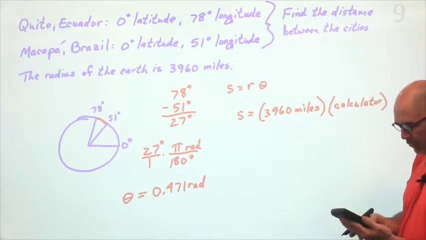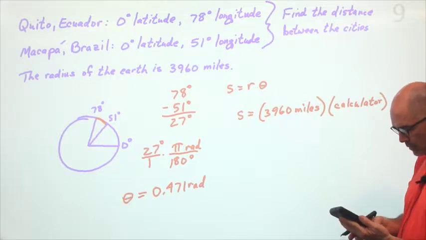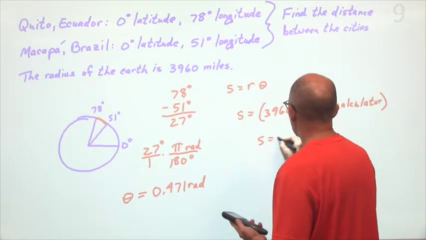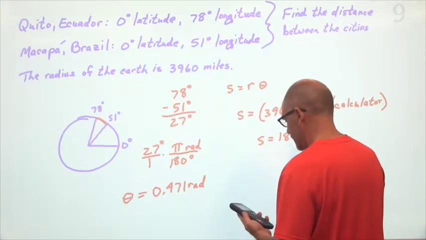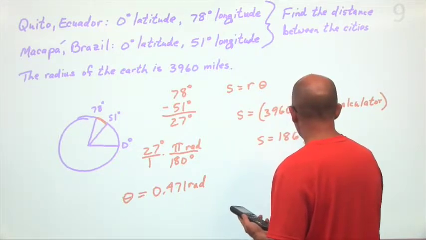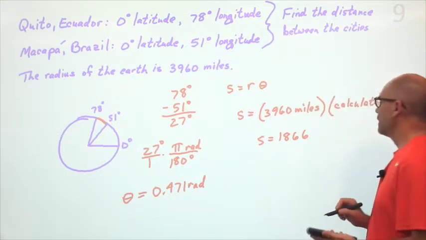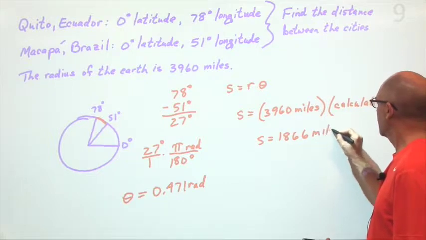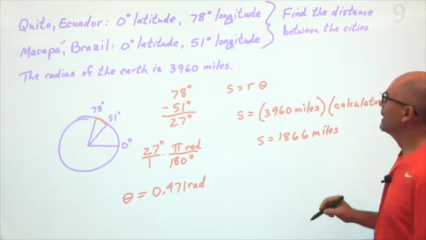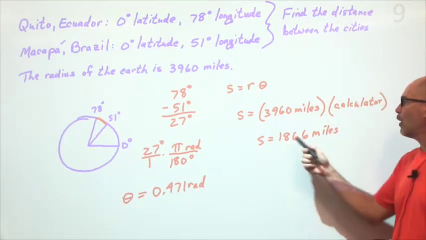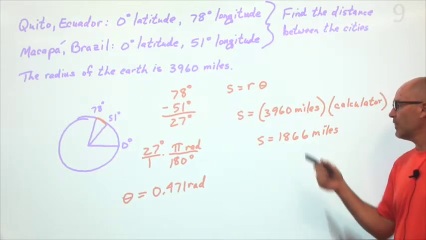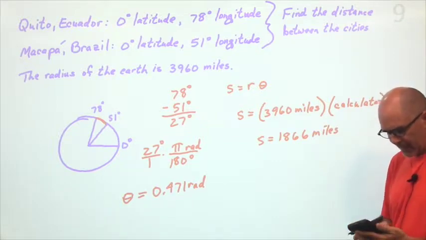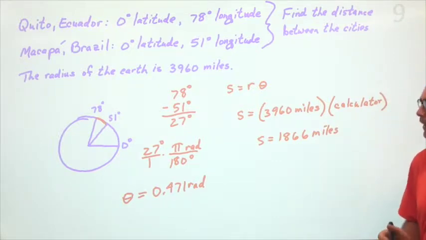So I multiply that by 3960, and I end up with S equals 1866 miles. So Quito and Macapá are approximately 1,866 miles apart. That's it. Piece of cake. Okay.